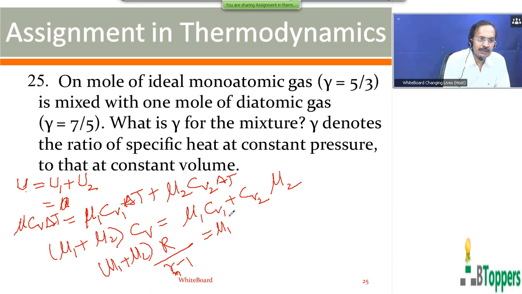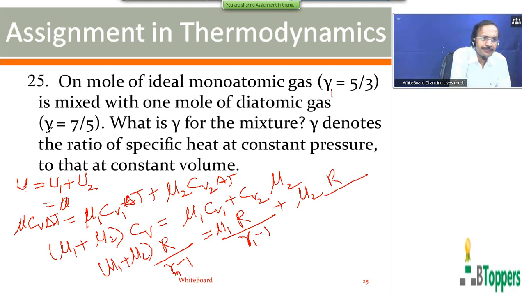Molar specific heat at constant volume for the first gas you can write as R by gamma 1 minus 1, where gamma 1 is the ratio of specific heats of the first gas, which is given to be 5 by 2. Molar specific heat at constant volume for the second gas, you can write as R by gamma 2 minus 1, where gamma 2 is for the second gas.